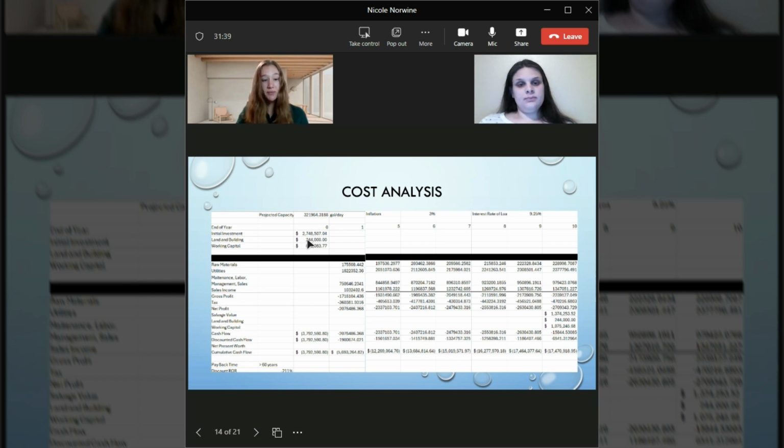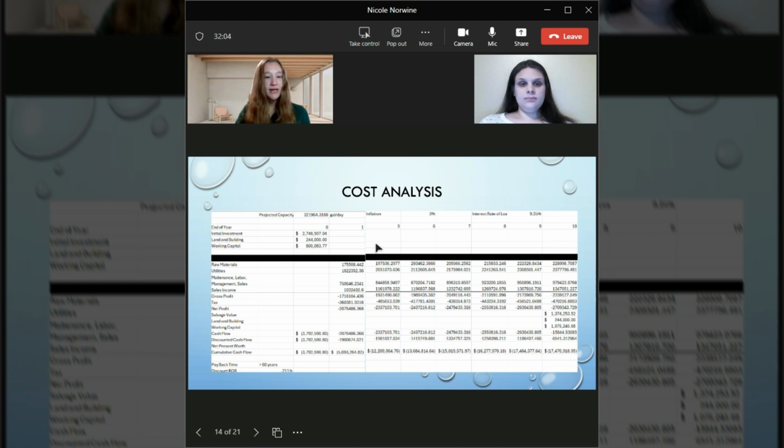Our land and building cost would be about $244,000. And our working capital, when calculated at the end of the first year, was about $800,000, which is our assets minus our liabilities.